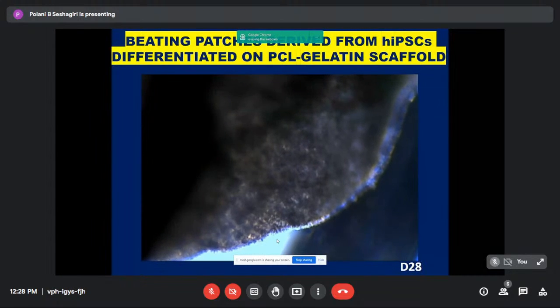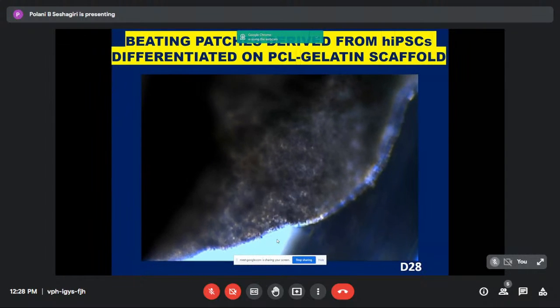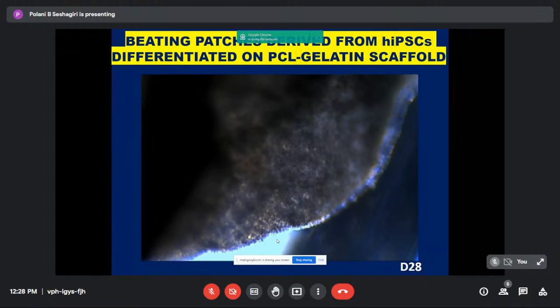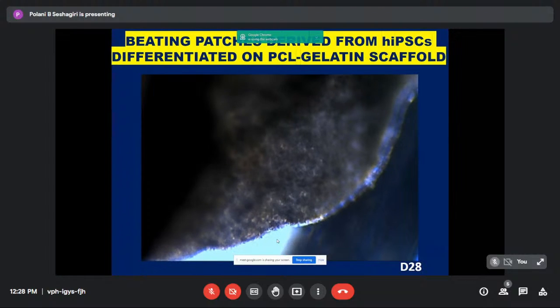So these are PCL gelatin scaffold papers on which human iPSC-derived cardiomyocytes are formed. This is the translation, which is very critical. This is doable and is being done with human cells. It is being transplanted successfully in small experimental laboratory animals and also in large mammals like domestic animals such as pigs.